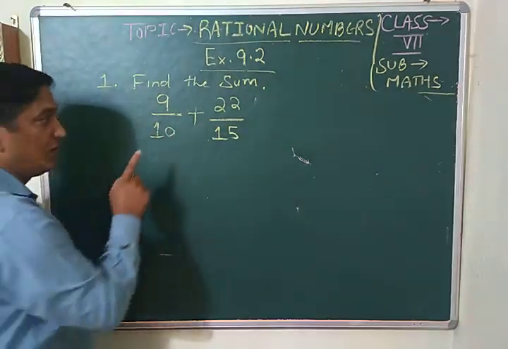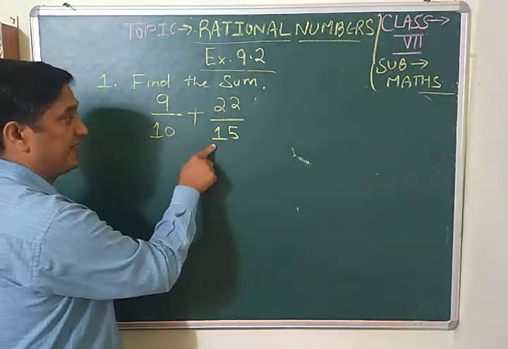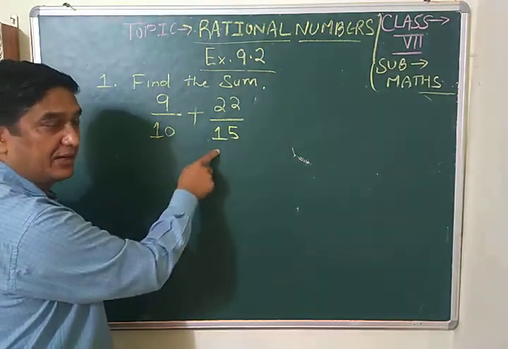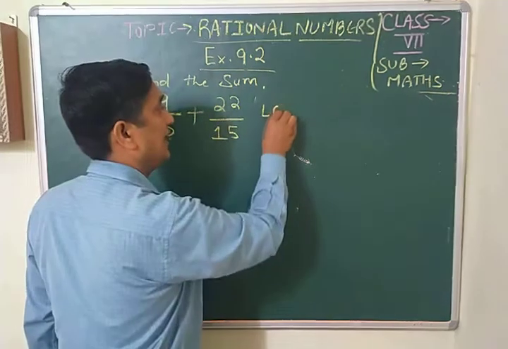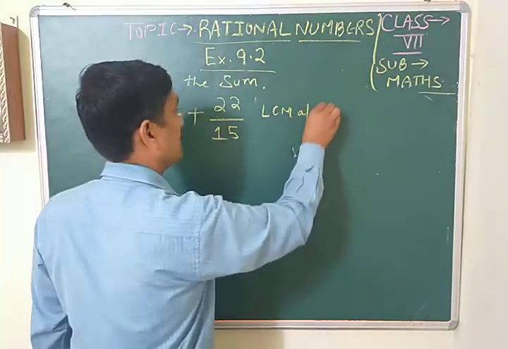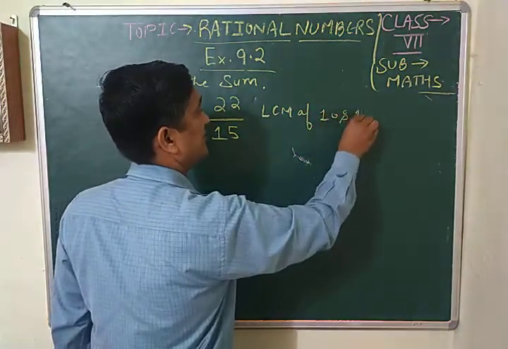Now children, here also you have to check. Denominators are different. Now here we have to find first the LCM of 10 and 50.